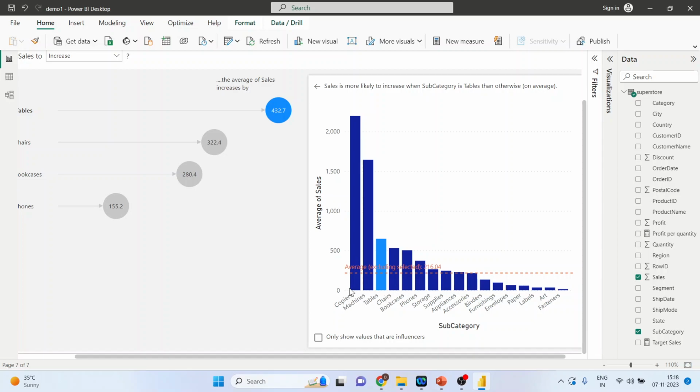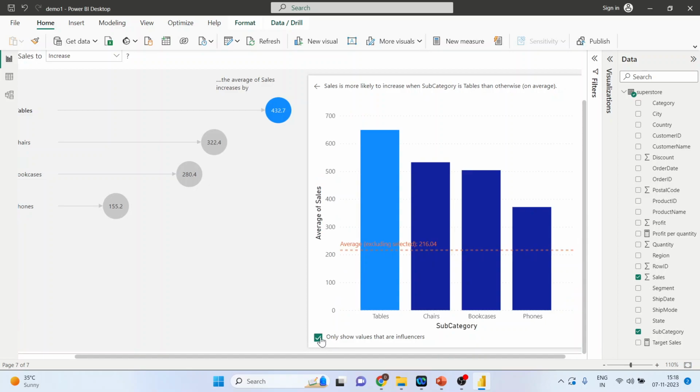Okay. So the sale of copiers, machines, tables, chairs, they all increase our overall average sales. Now click here. So this will give me the four most significant subcategories which increases our sales.